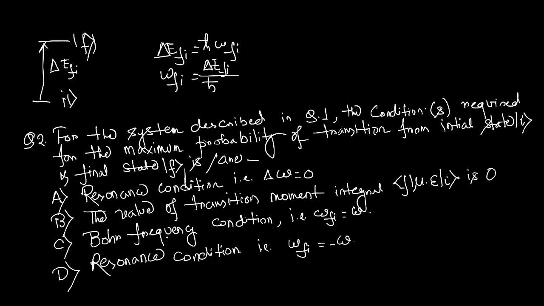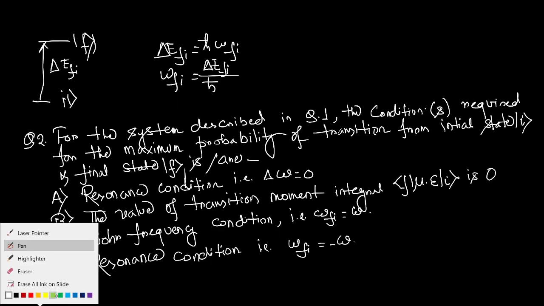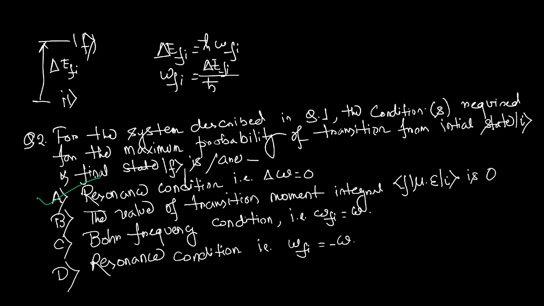So in this case the first option is correct and this should not be correct, otherwise the transition will not happen. The third option is correct, this is the Bohr condition when omega FI is equal to omega.